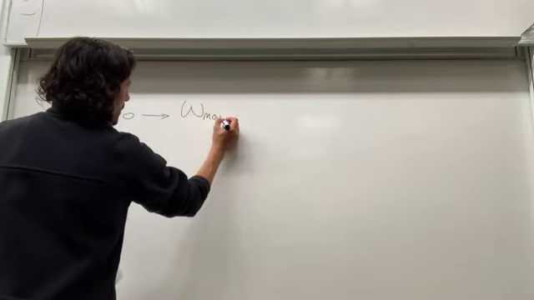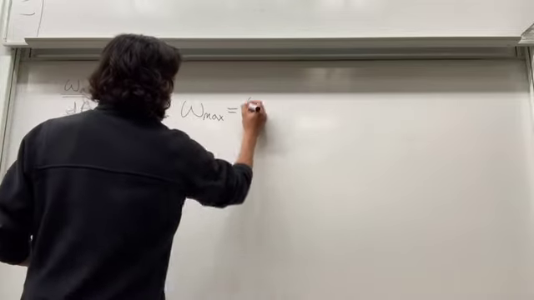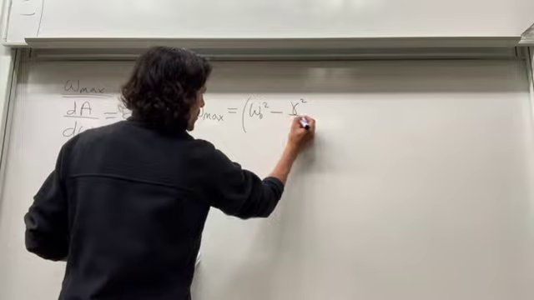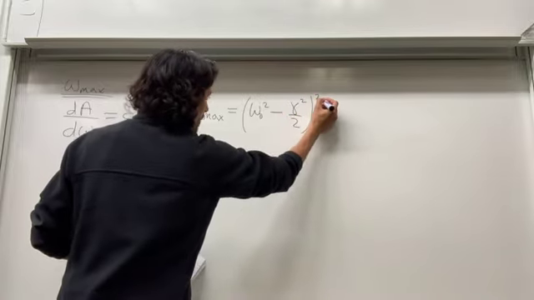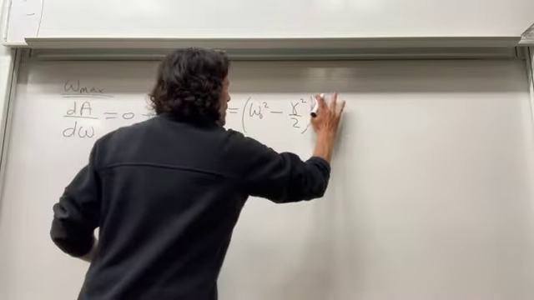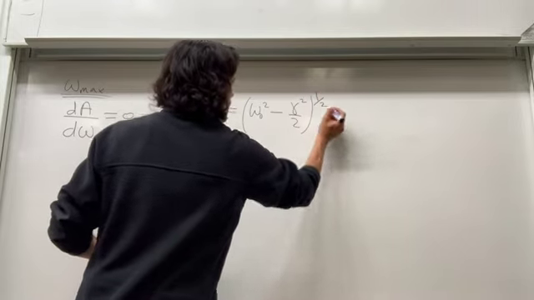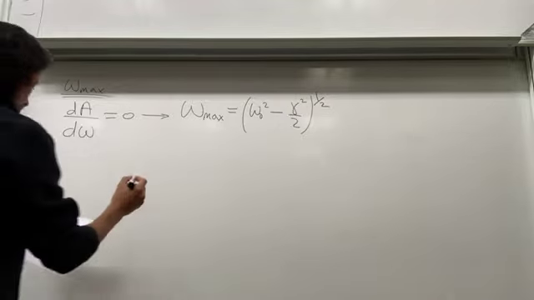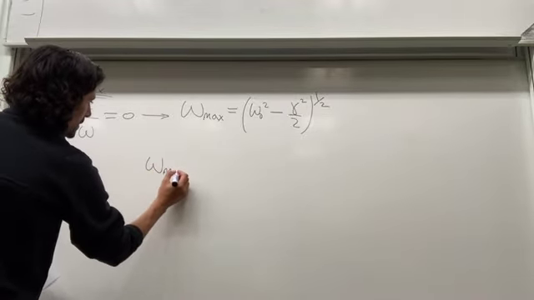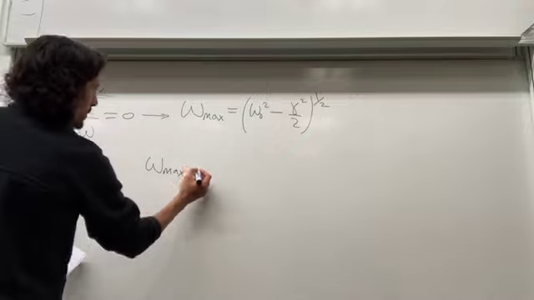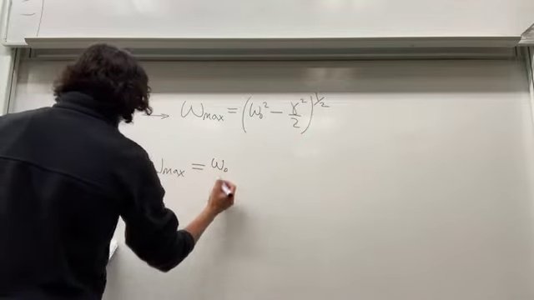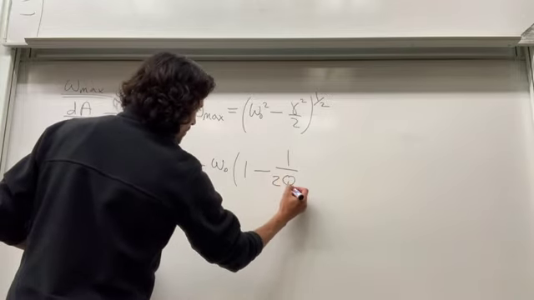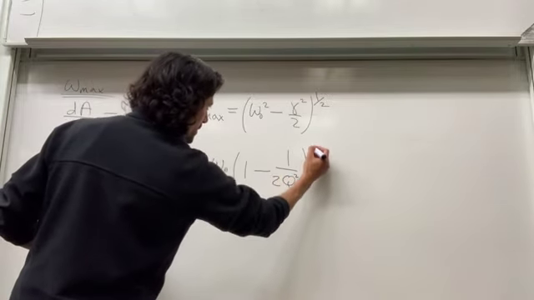Omega max equals the square root of omega 0 squared minus gamma squared over 2. So omega max can be also written as omega 0 times (1 minus 1 over 2Q squared) to the power half.